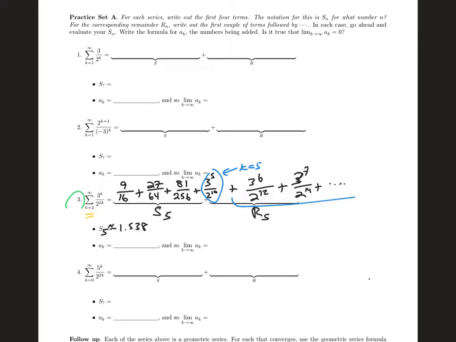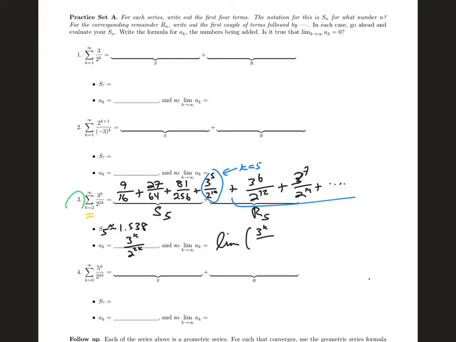And I also asked here if you would write down the formula for a sub k and think about what it's doing as k goes to infinity, because this is a source of confusion as well, that when we're trying to understand a series, there's really 2 different things going on. Well, let me write this down first.